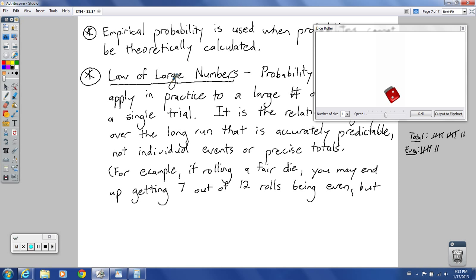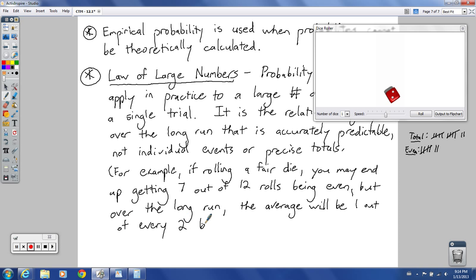But the law of large numbers, what does this state in the context of this problem? It would state that over the long run, the average will be 1 out of every 2 being even.